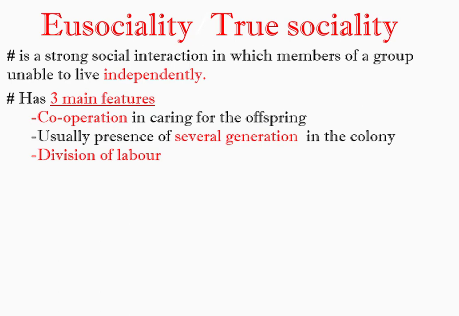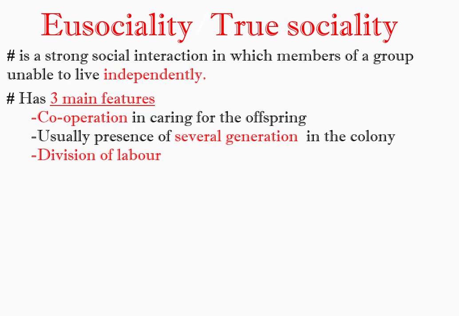That means all members of the social group or colony feel responsible to look after offspring that are not their own. The second feature is that there are usually several generations in the colony so that it will sustain for longer and allow offspring to assist parents.